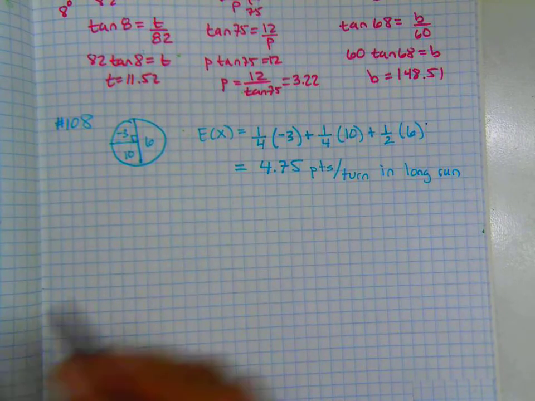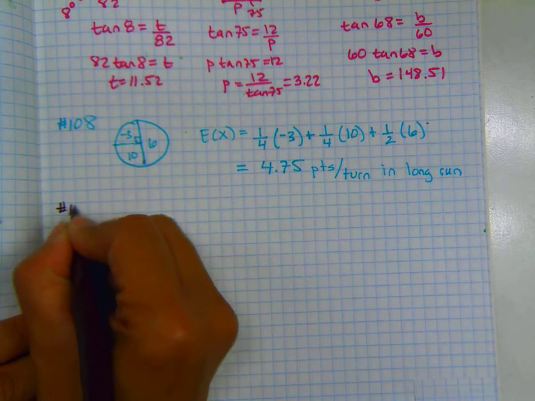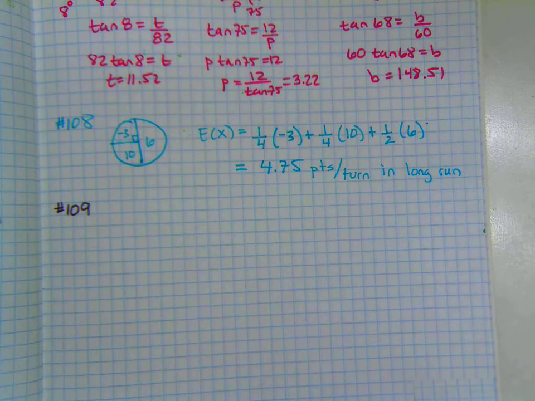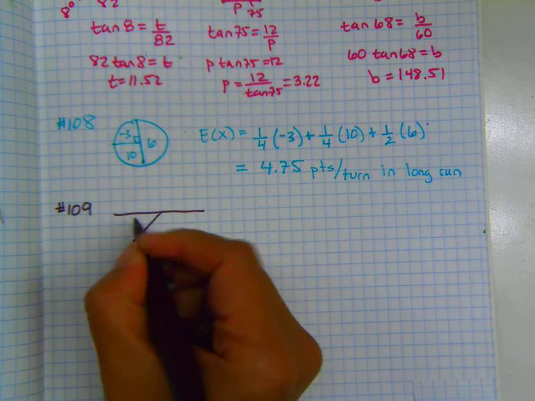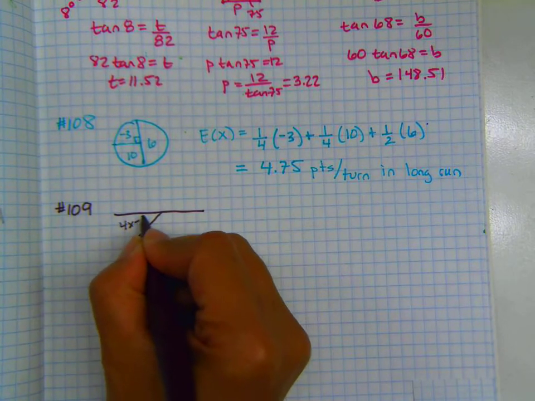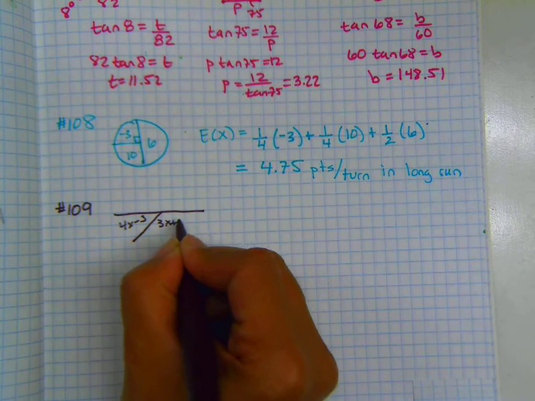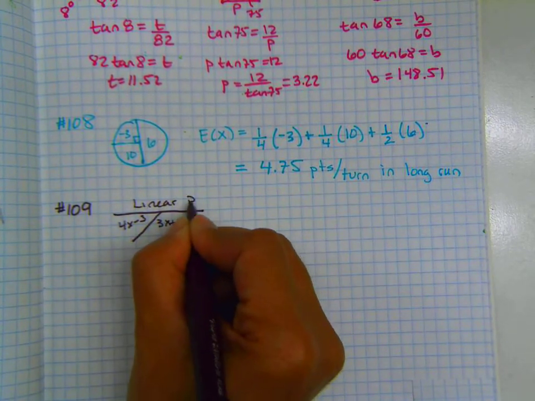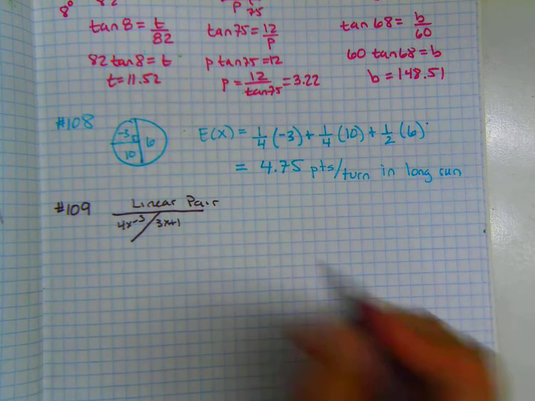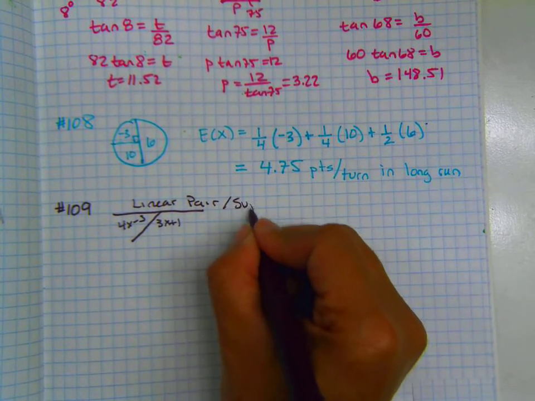All right, and the last one, 109. So these are our favorite types of problems from last chapter. All right, so we've got a linear pair here. So 4x minus 3, 3x plus 1. And I guess we could write that right now. Linear pair, supplementary angles, any of those things.